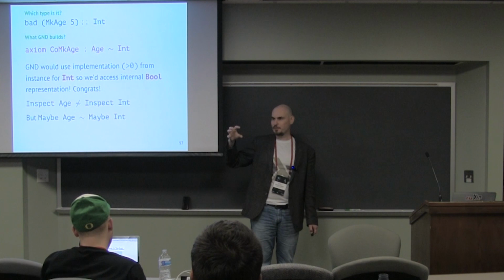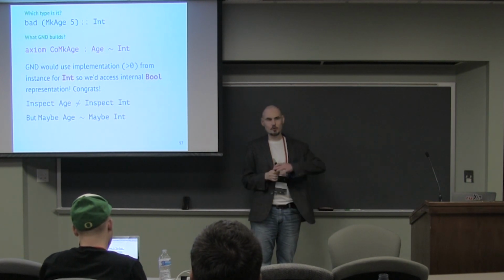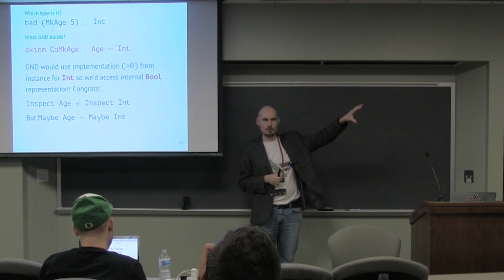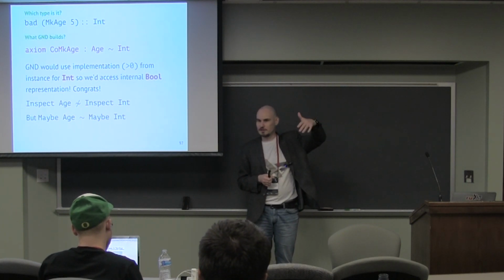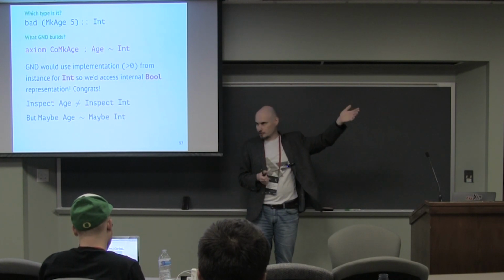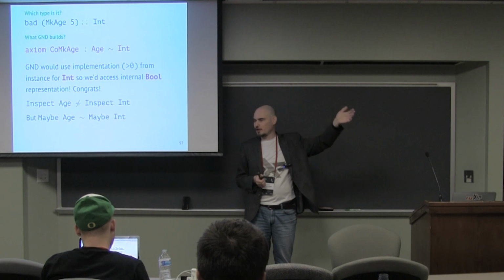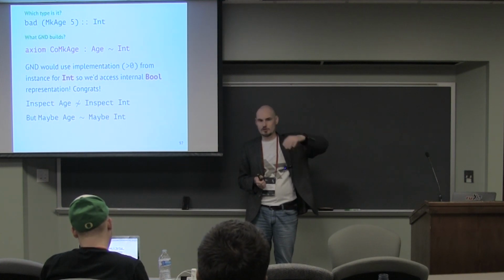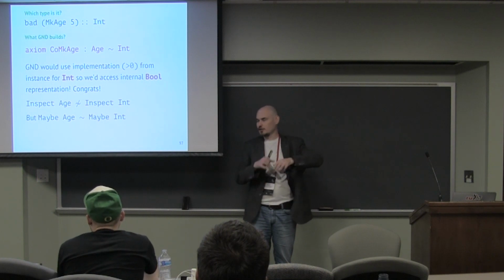So inspect is trying to use its argument, and it looks at its argument, and depending on the argument, it gives you different results. So it really inspects it. If it's integer, then you return bool. If it's H, then it returns int, something like that.